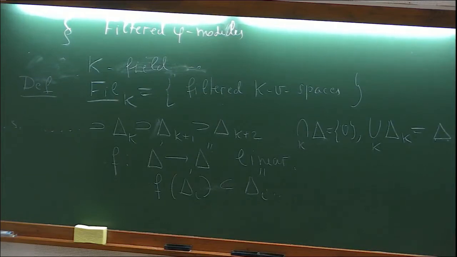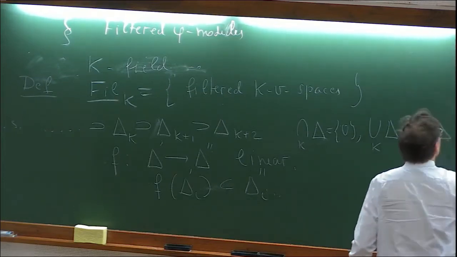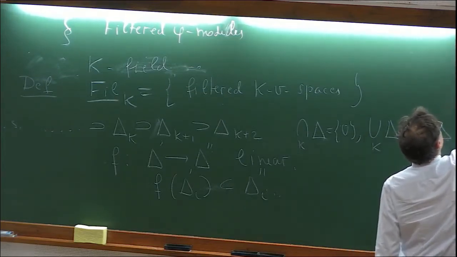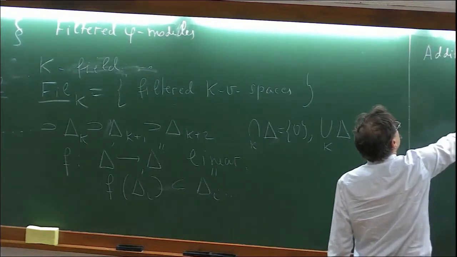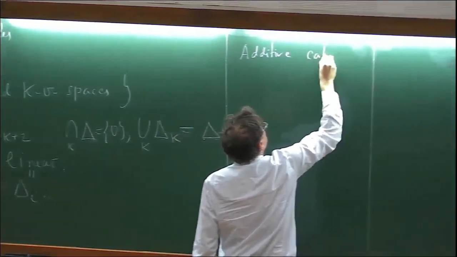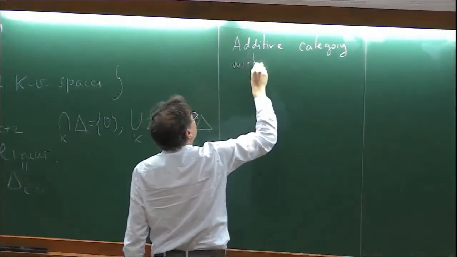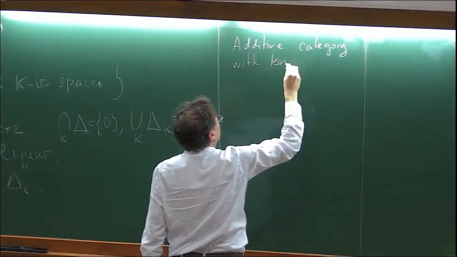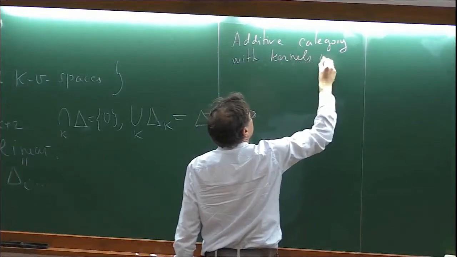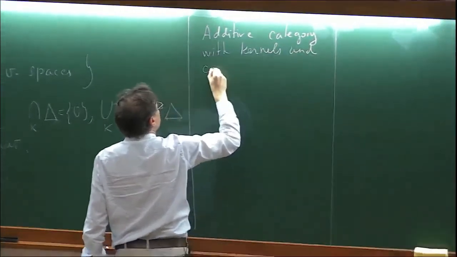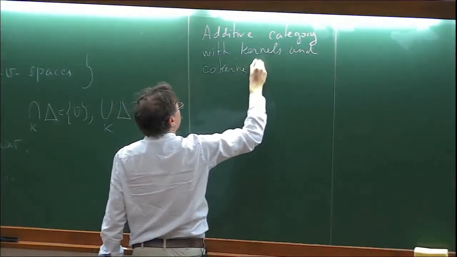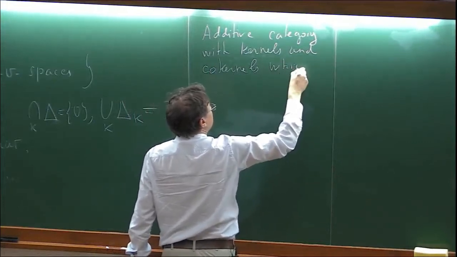The point is that this is an additive category with kernels and co-kernels, which is not abelian.